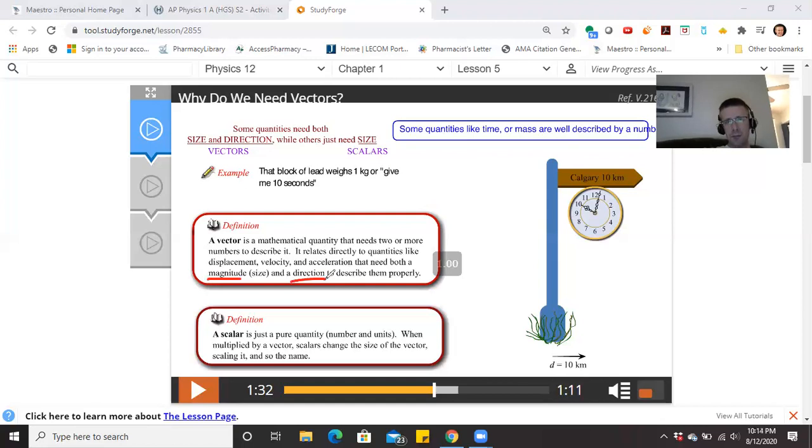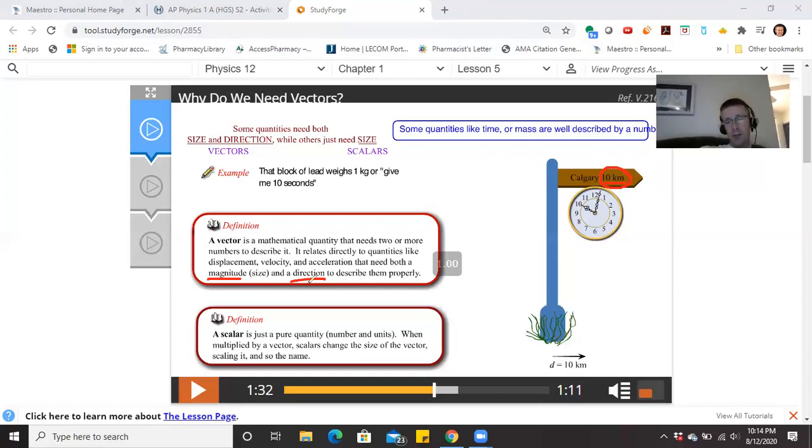So in the example that's listed here in the picture, we can see this signpost pointing to Calgary, which is 10 kilometers away, okay? So how many kilometers away is it? It's 10. That's describing how far or how big the distance is. So that we call magnitude, okay?